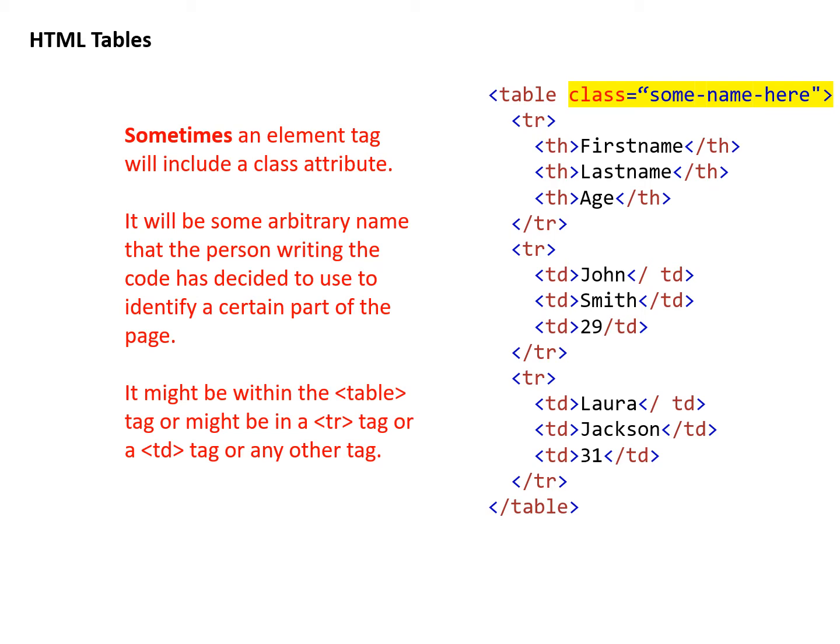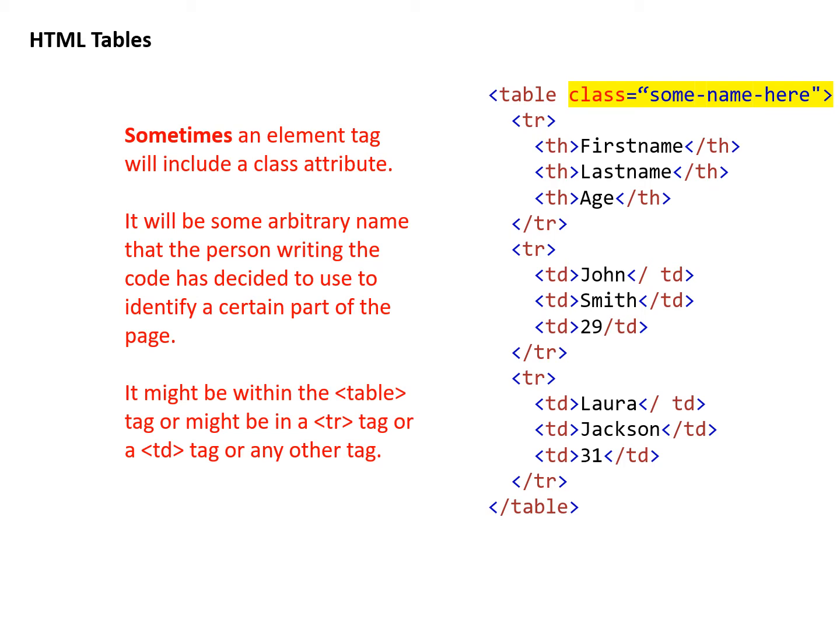Okay, so anyway, it's important to know about this, because a lot of times when we're doing our web scraping, we're going to find our data inside tags that have certain classes associated with these tags, and we're going to want to be aware of where we find these different individual parts of data, and whether there is a class associated with these different tags, because then we're going to reference that class within our Python.